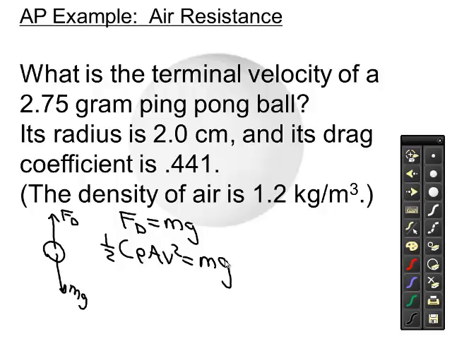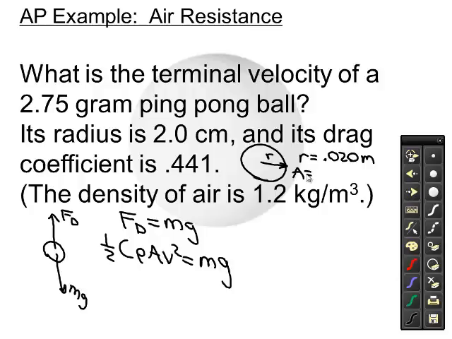So you're right, we do have m, and we have g, and we have C, and we have rho. We don't have A, though. The Philistines didn't give us A. But we do know that this thing has a radius of 0.020 meters.